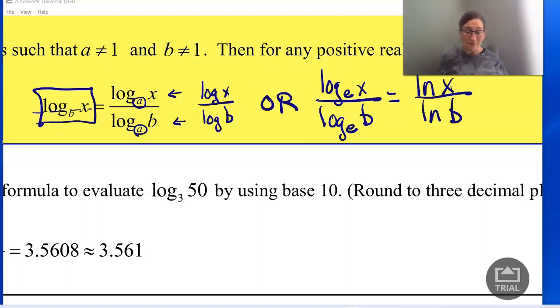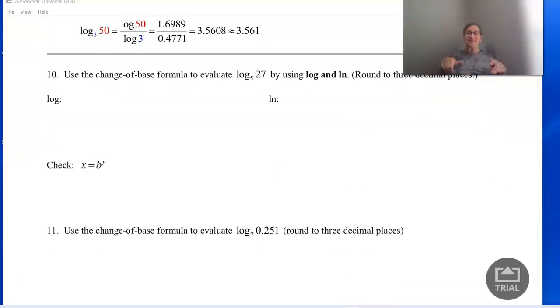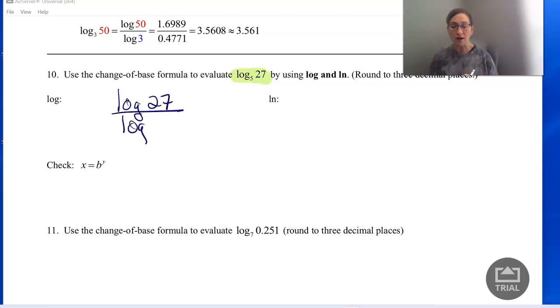Wow, that's pretty cool. Okay, so let's go ahead. There's that example right there with log base 3 of 50, but I'm going to just jump in with this one, log base 5 of 27. So you could set this up using logs as log of 27 over log 5, okay? And when you put that in your calculator, you get approximately 2.048.